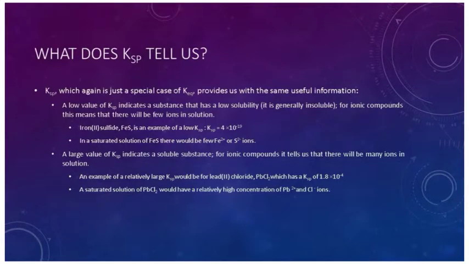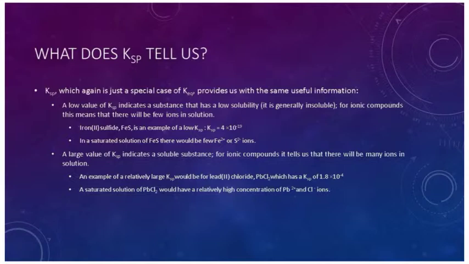So what does the KSP tell us? KSP, which is again just a special case of the K equilibrium, provides us with the same useful information. A lower value of KSP indicates the substance has a low solubility. It is generally insoluble. For ionic compounds, this means that there are very few ions in solution.